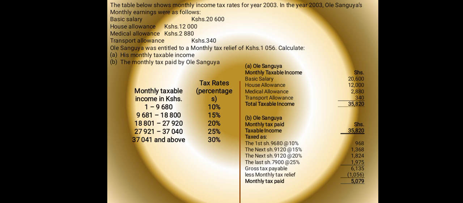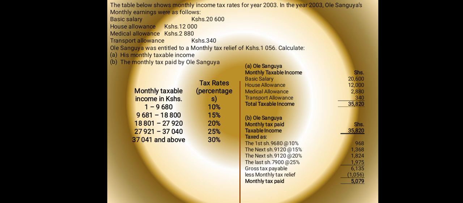Ole Sanguya was entitled to a monthly tax relief of 1,056 shillings. Calculate A, his monthly taxable income, and B, the monthly tax paid by Ole Sanguya. Now the first table shows the tax rates per the brackets. The brackets are in Kenyan shillings.